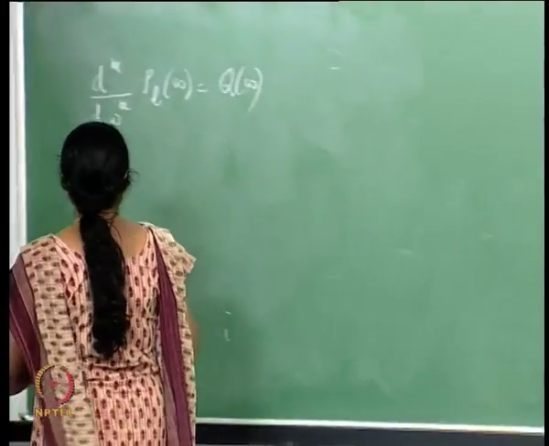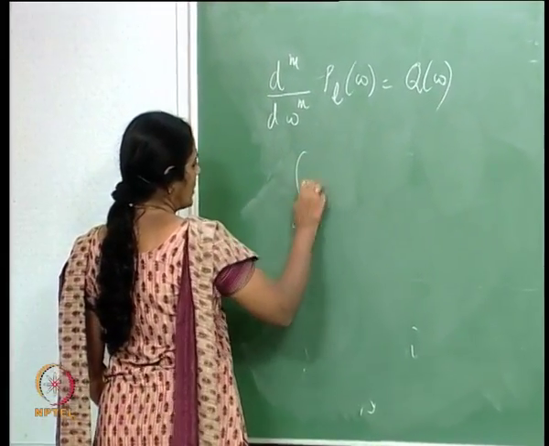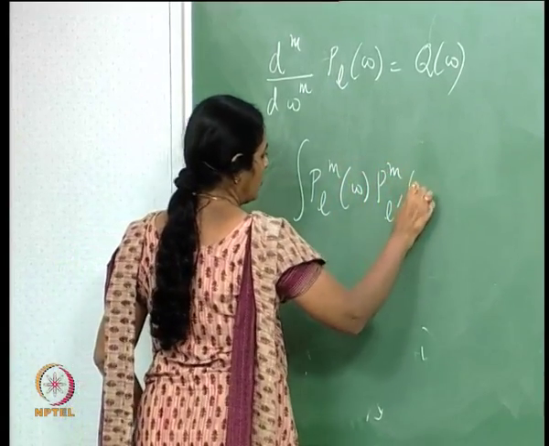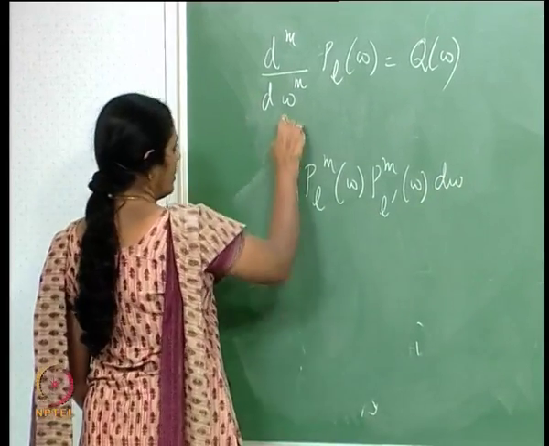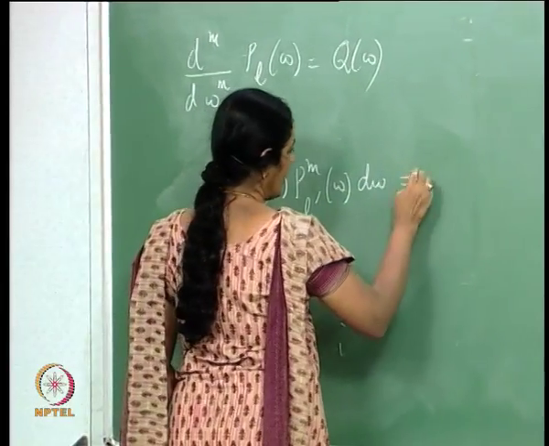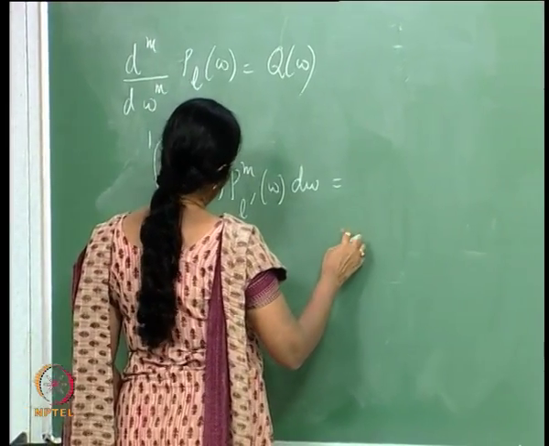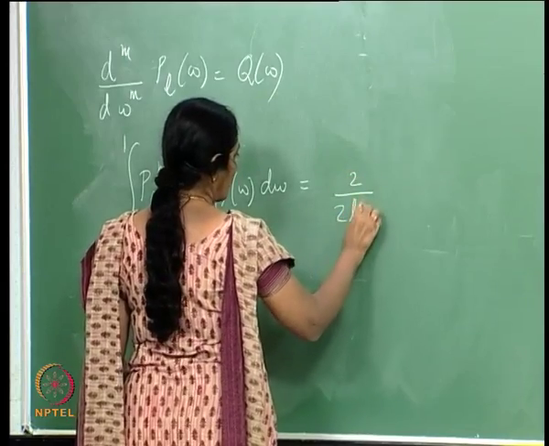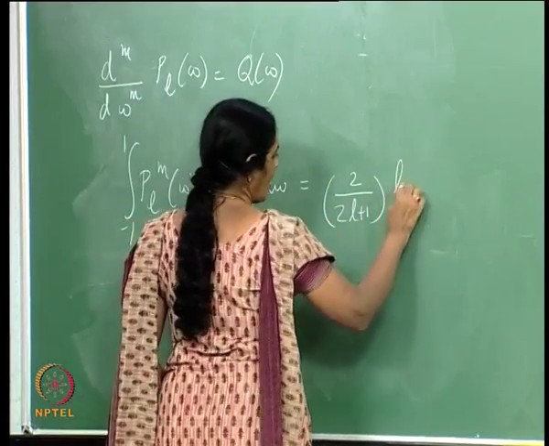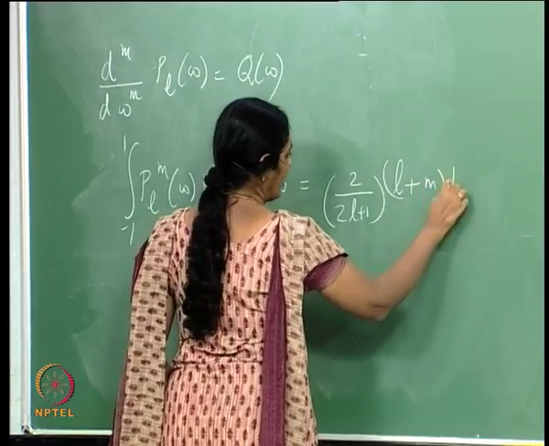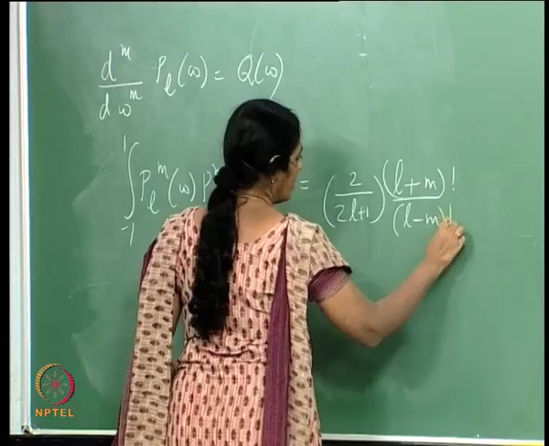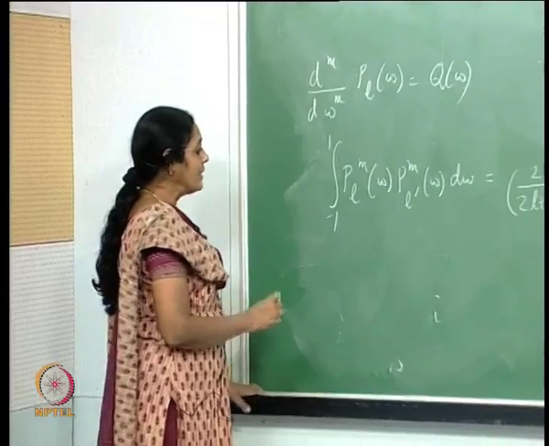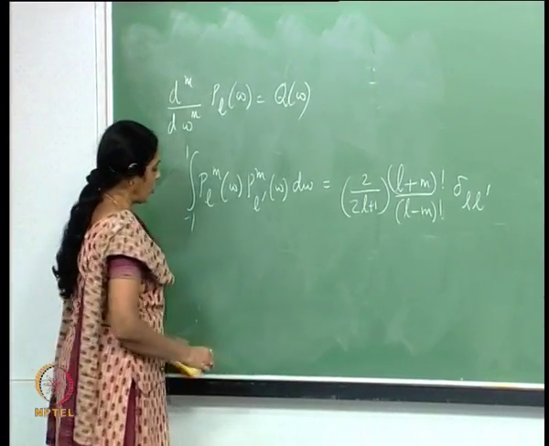But these polynomials have a normalization property which says the integral of PLM of w, PL prime m of w dw, remember, the w goes from minus 1 to 1, is not delta LL prime. It is 2 by 2L plus 1, L plus m factorial by L minus m factorial, delta LL prime. And therefore, what I need are orthogonal polynomials.